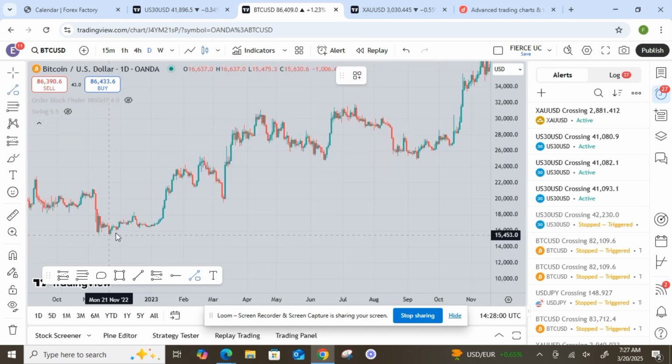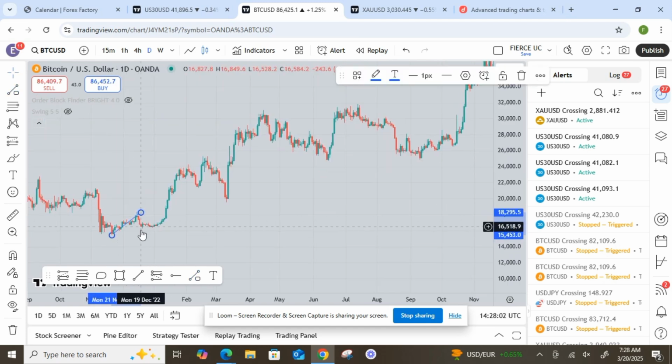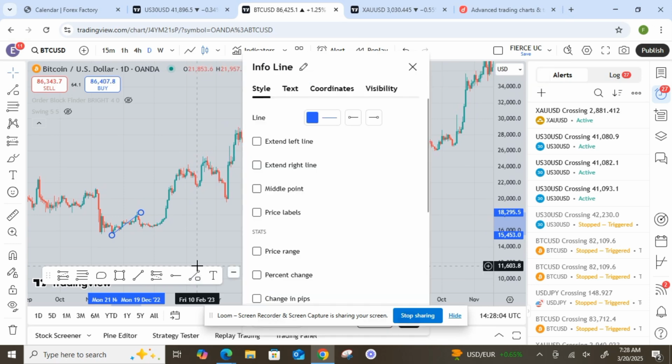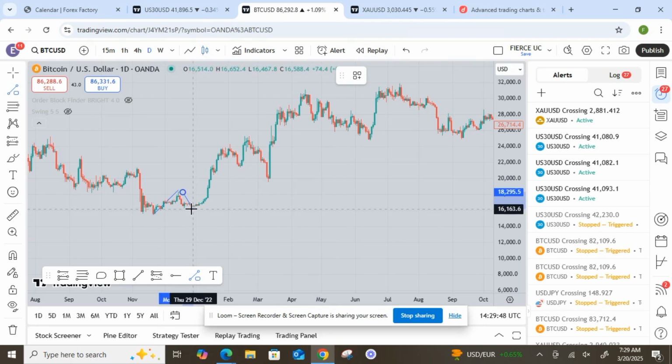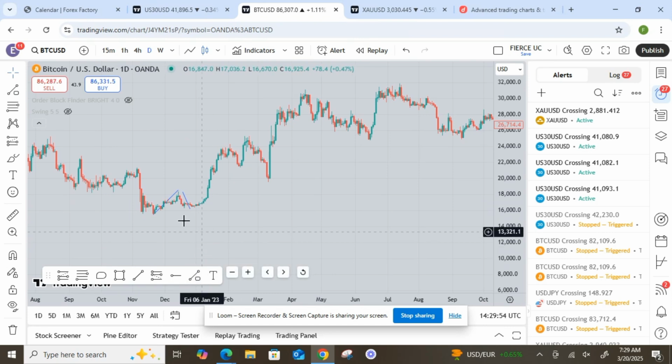You see the impulsive move first. This one is an impulsive move. Adjustment, right? So look now, the market goes up to break this previous high, right?